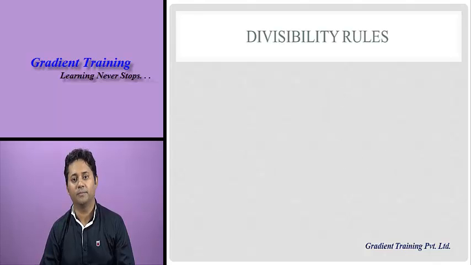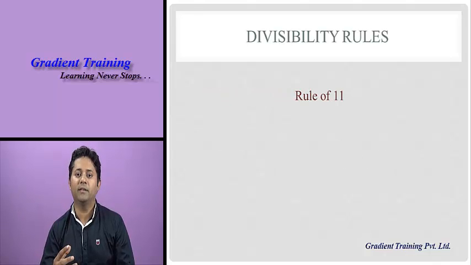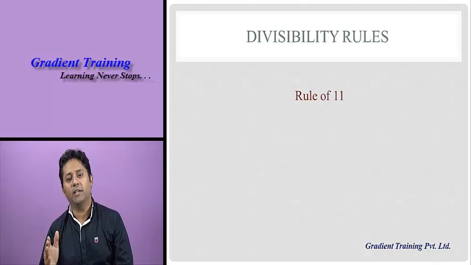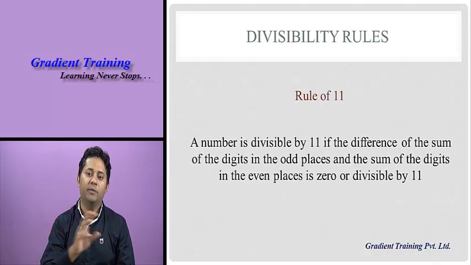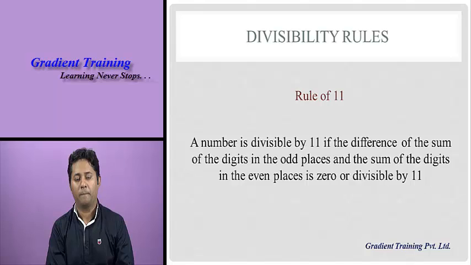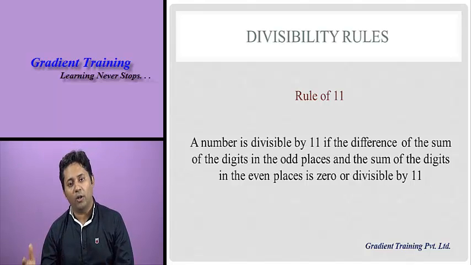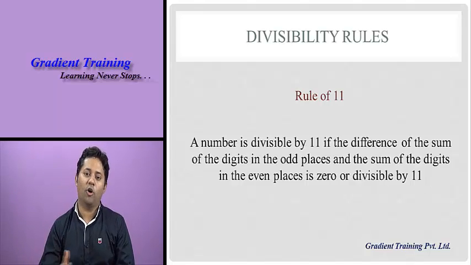What about 11? 11 has a rule which intrigues most students. It's a very interesting rule. For checking whether a number is divisible by 11 or not, add up all the digits which are in the even places. Then add up all the remaining digits which are at the odd places.